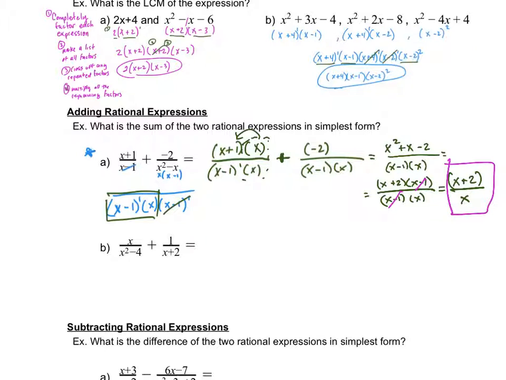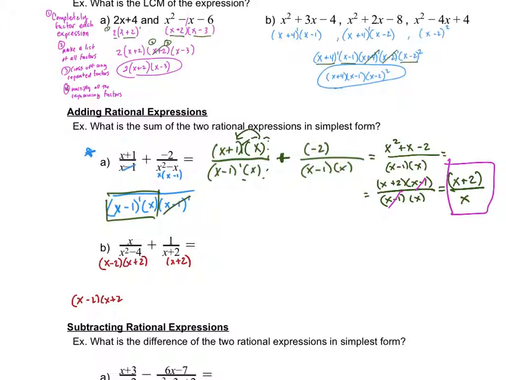Looking at this next example, remember the first thing that we want to do is factor our denominator. So this becomes x minus 2, x plus 2, and then this is x plus 2.